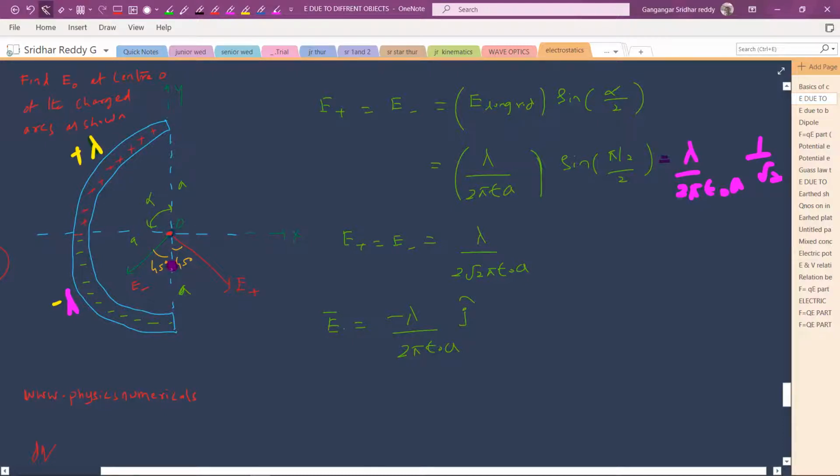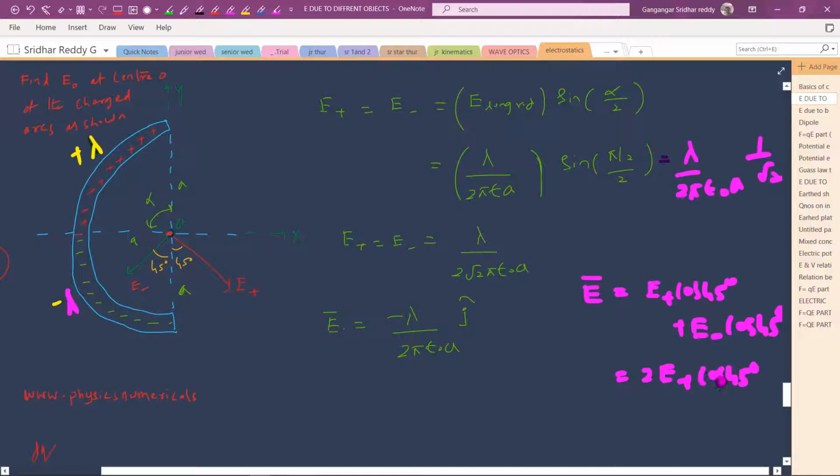Vertical components will get added up. Then what is the resultant field? The resultant field is given by E bar equal to E plus cos 45 plus E minus cos 45. So this will become 2E plus cos 45.